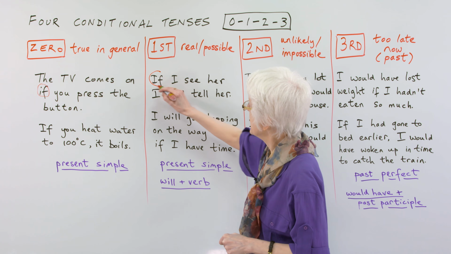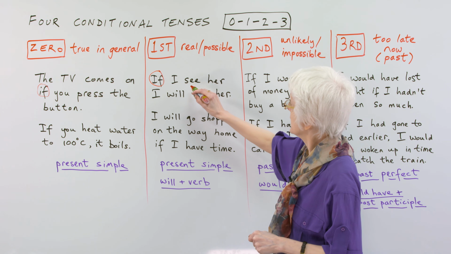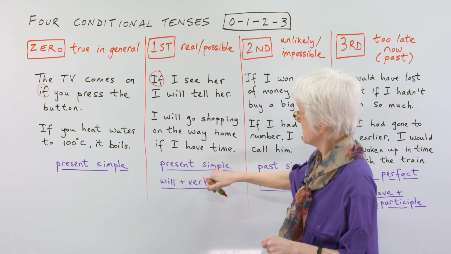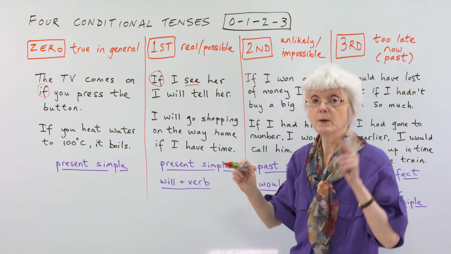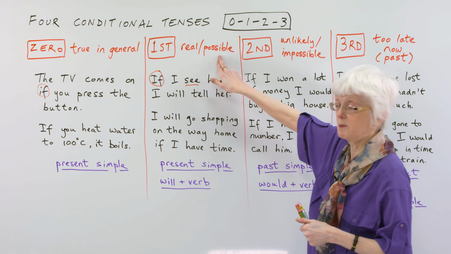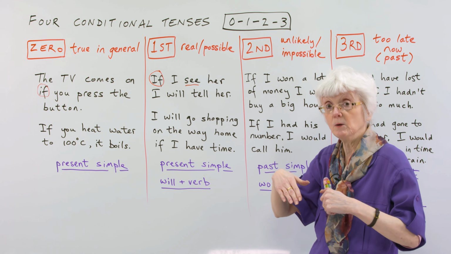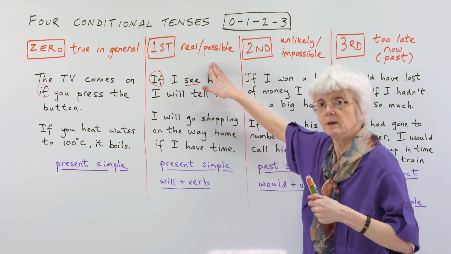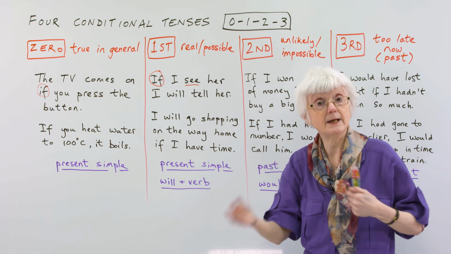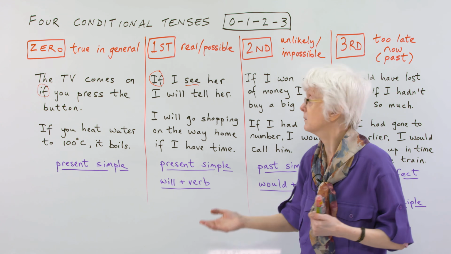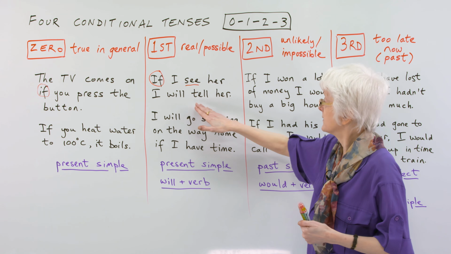So again, we have if, and I see is present simple. And then I will, because this is possible, it's not happening now, it could happen in the future. If I see her, maybe later today or tomorrow, I will tell her.